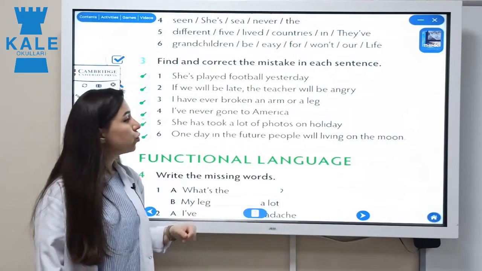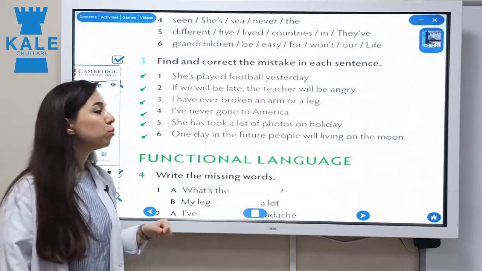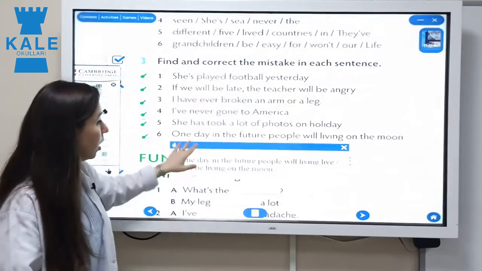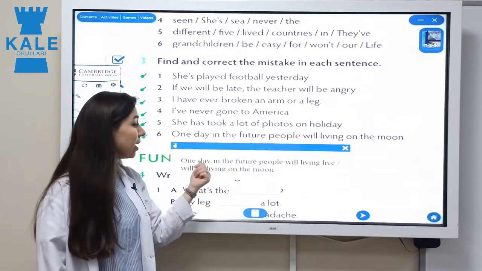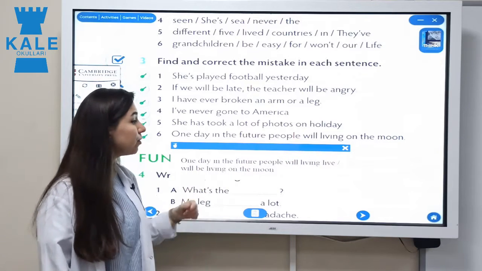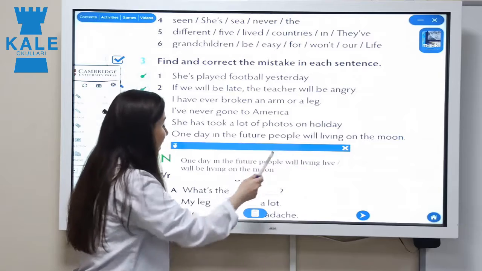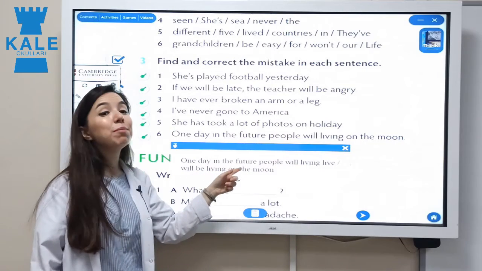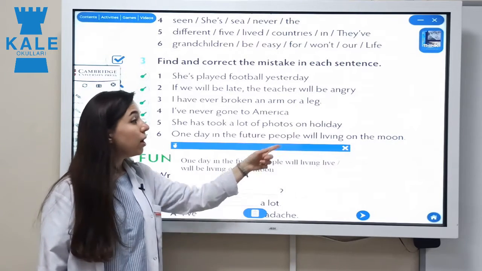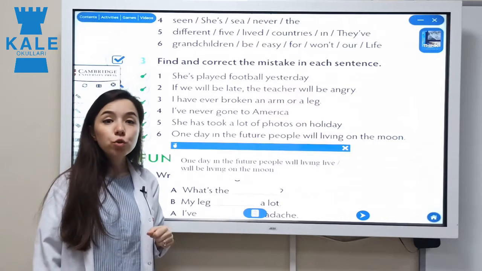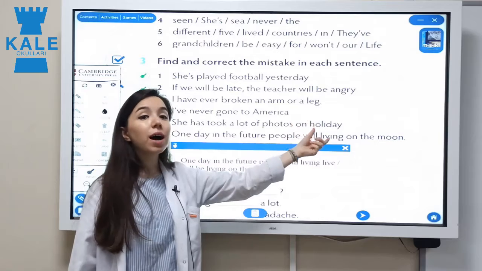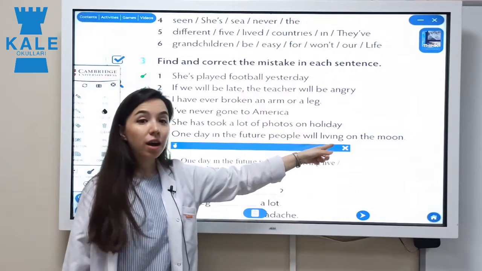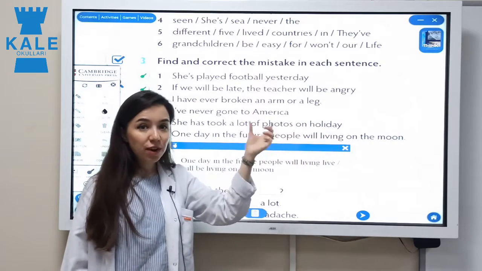And now come here, the last one. One day in the future, people will living on the moon. We don't have that. One day in the future, people will live on the moon or will be living on the moon. When we want to make the future form with ing, we should write will or won't plus the to be verb plus ing after that. Yes, verb plus ing.